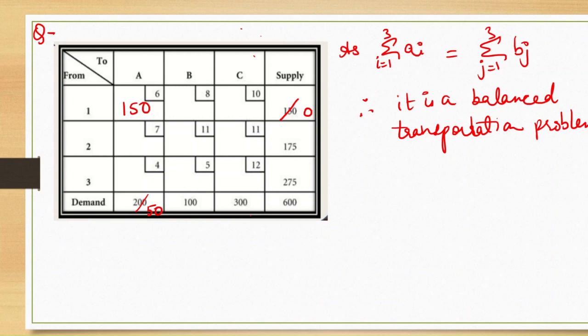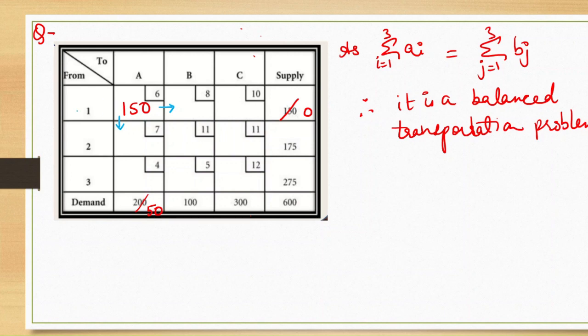Now where should I move? Should I move to the next column, or to the next row? If I move to the next column, do I have any supply? No, there is no supply. It is already 0. If the supply is 0, can I move along this first row?